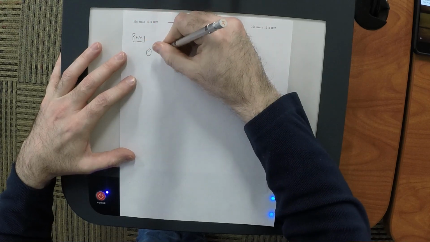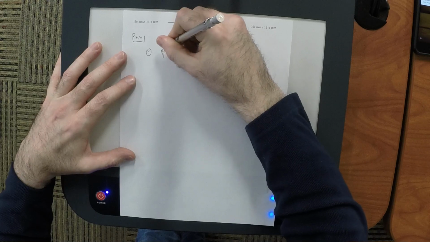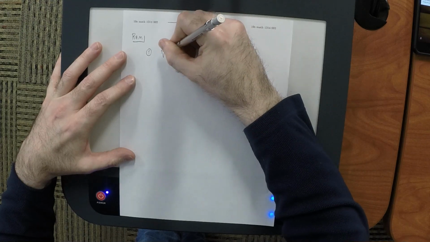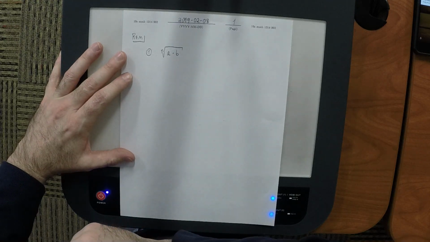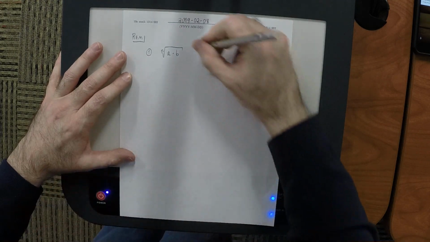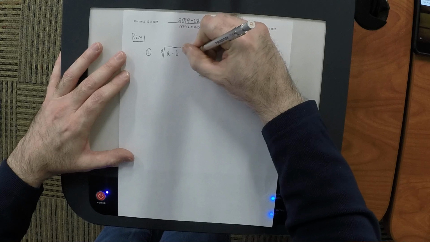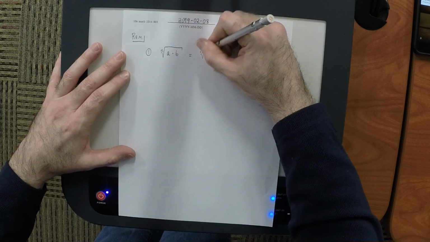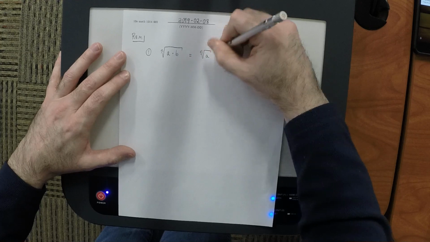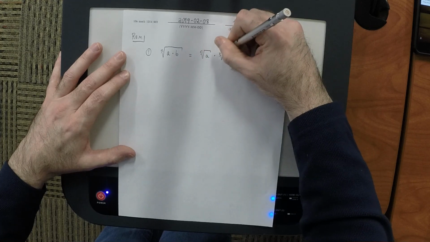So we've been really heavily using this rule the past couple days. The nth root of a multiplied by b is the nth root of a multiplied by the nth root of b.